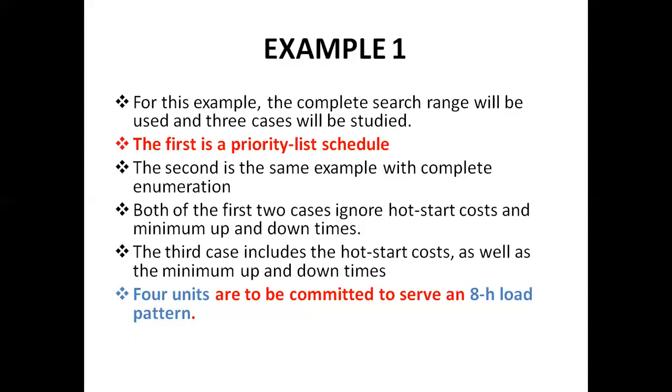The third case includes the hot start cost as well as minimum up and down times. 4 units are to be committed to serve an 8-hour load pattern. So there are 4 units and the load pattern is for 8 hours.